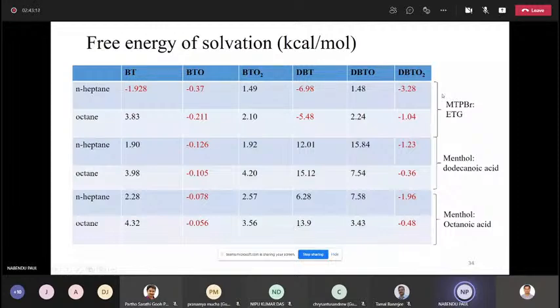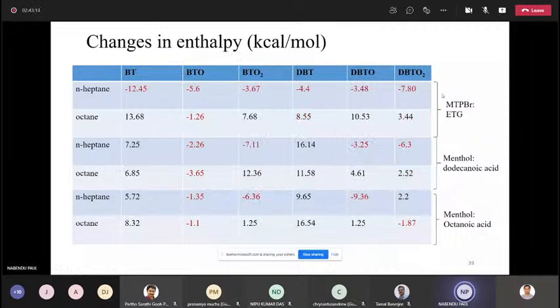So we found out the changes in enthalpy also from the quantum chemical calculation, and we are having similar results. That is, MTPBr EG is good for all the sulfur compounds, but menthol and menthol based DESs are not good for those extraction, for those separation.